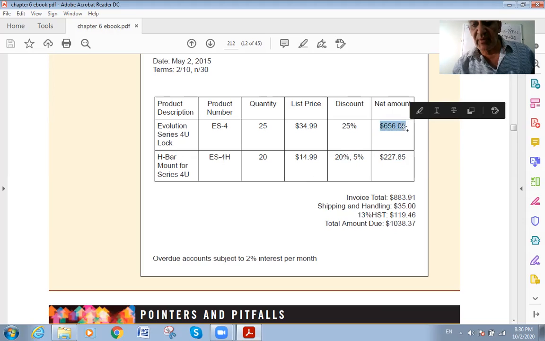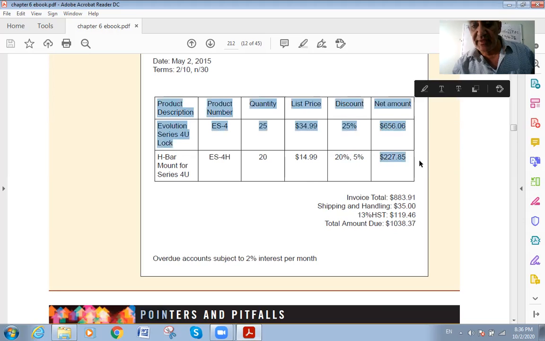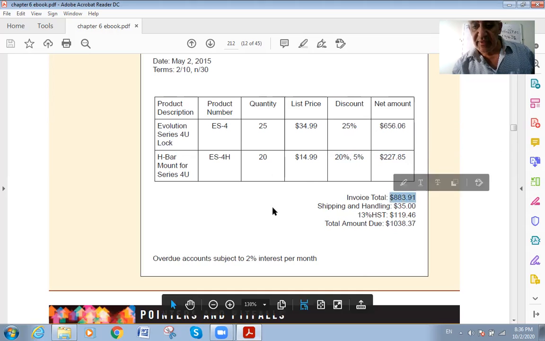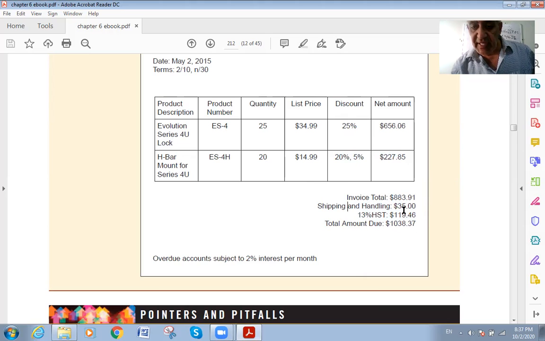I will add both of them together. They will give me this number. Plus, you will add on it the shipping and handling, 35. Then the total which comes out from them was 991 point something. You will multiply it by 13% for the taxes, the HST. It will give you 119.46.